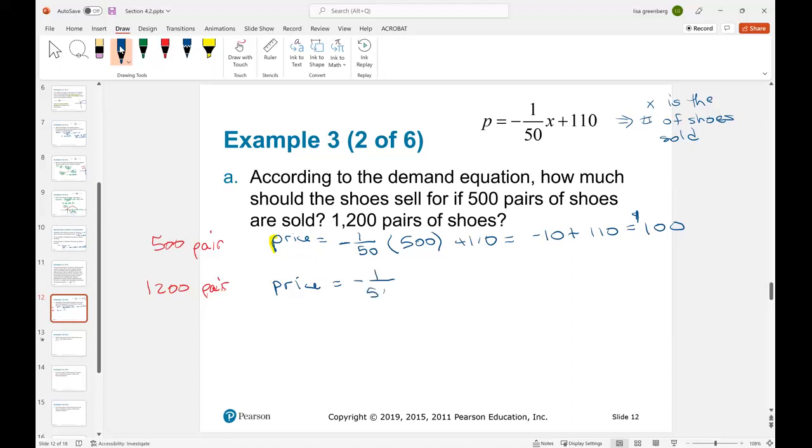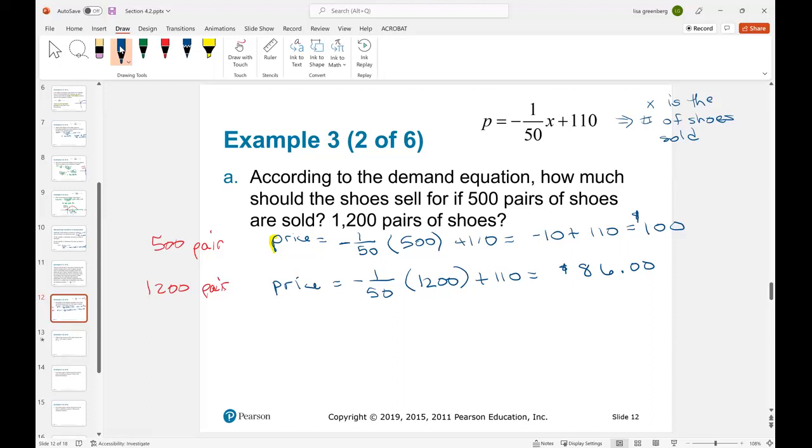So it's not going to cost me any more than just the basics of what it costs per shoe to make. And this becomes $86. Okay. So again, the more I sell, the cheaper I can sell it for, right? And that's really all I need for question A.